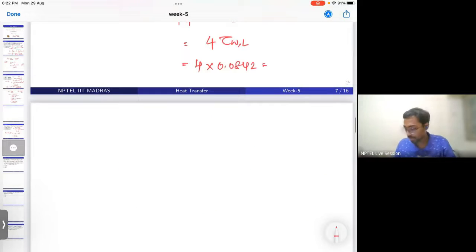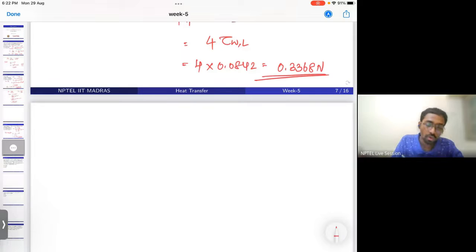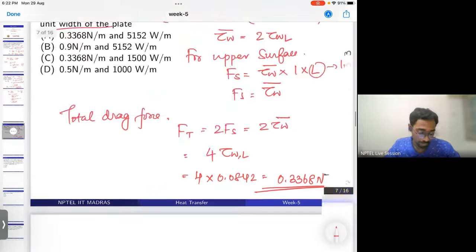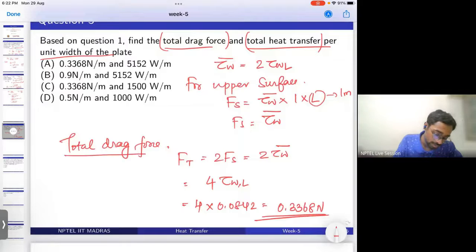So please calculate the total force experienced by the flat plate. This comes out to be 0.3368 Newton. This is the total drag force experienced by the flat plate on both surfaces.